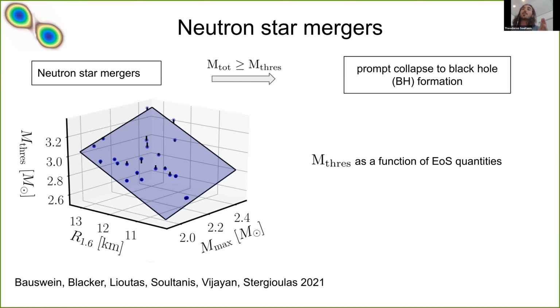We then express these values with respect to stellar parameters, like the radius of the 1.6 solar mass star for different equations of state, and the maximum mass allowed in these models. What you see is that all these values lie very well in this plane. So there is some systematic trend, something that dictates this value, and that depends on the equation of state. So every part of these categories gives some information. That was my point.